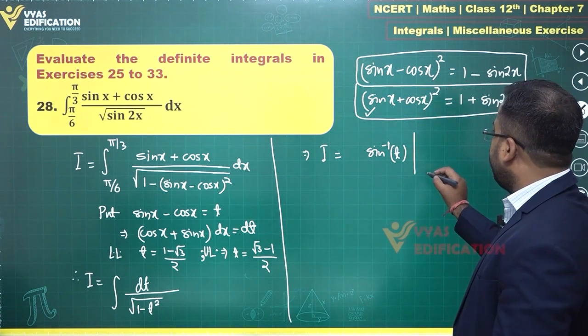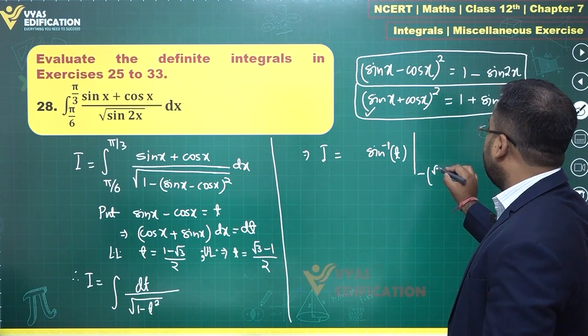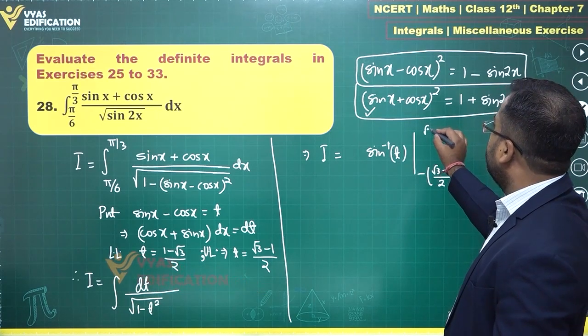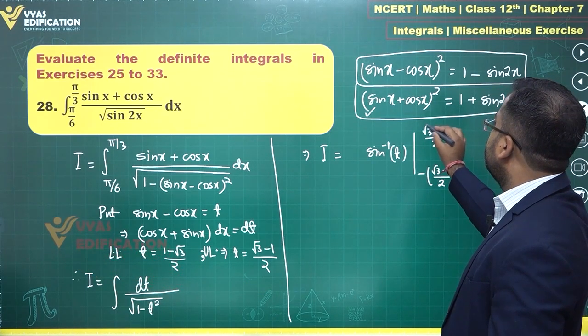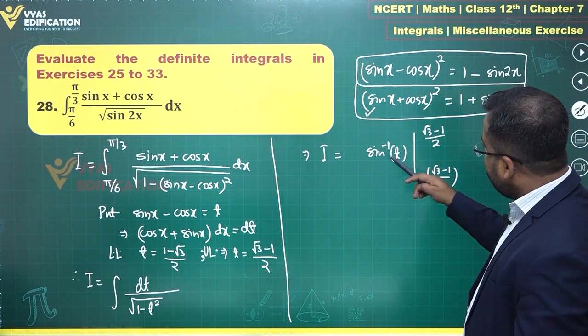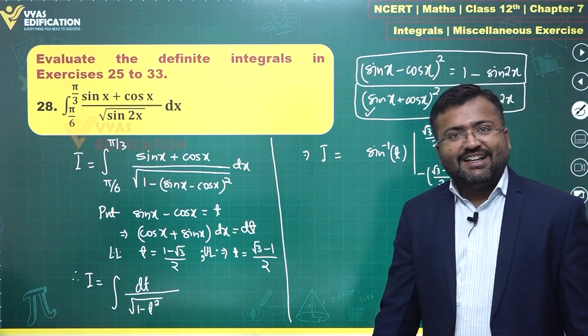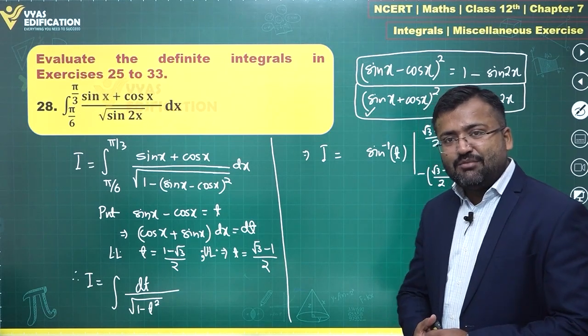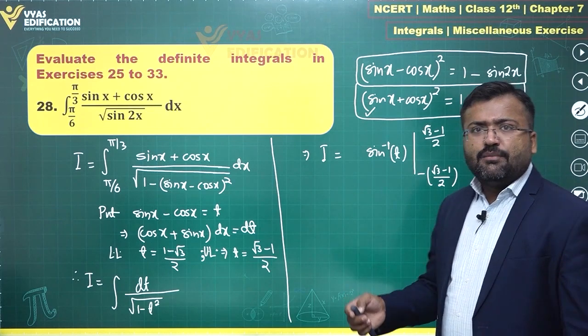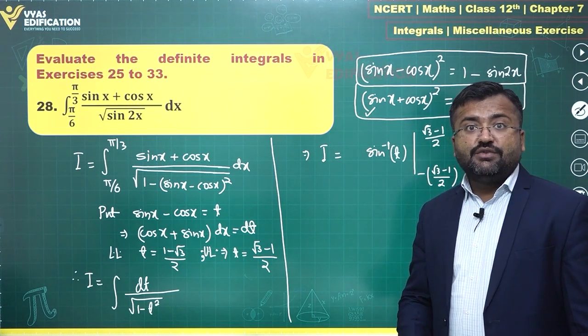So I will be equal to sin inverse t from the lower limit, that is 1 minus root 3 by 2, or you can write it as minus of root 3 minus 1 by 2, to root 3 minus 1 by 2. This is what I get. And sin inverse root 3 minus 1 by 2, what is that? Can you help me with that? Is it some particular value, some value which we already know?